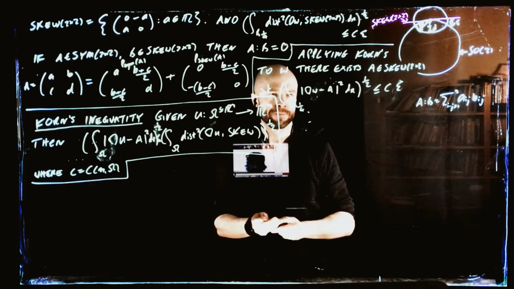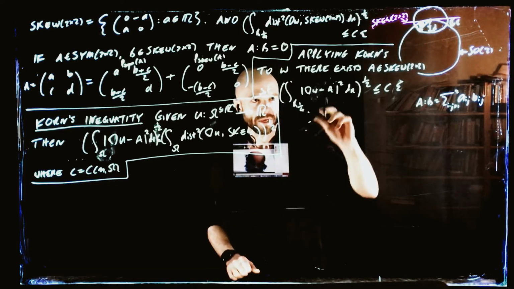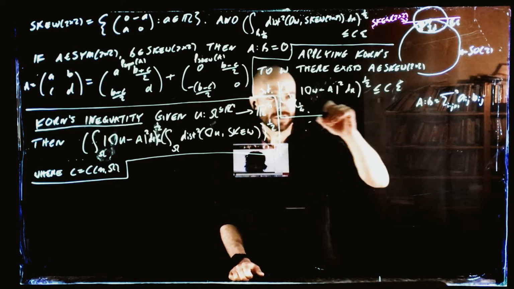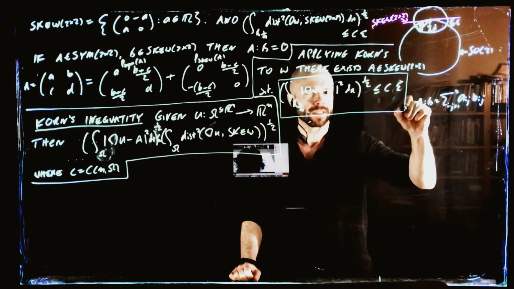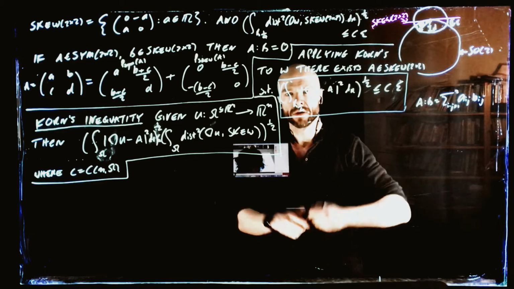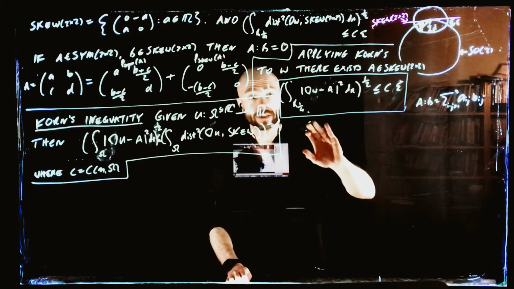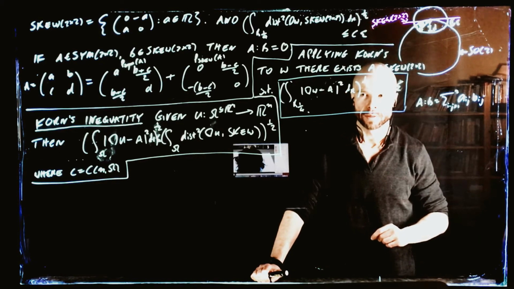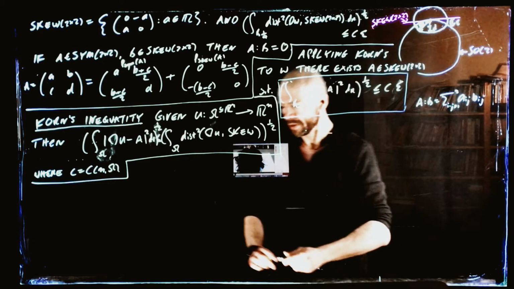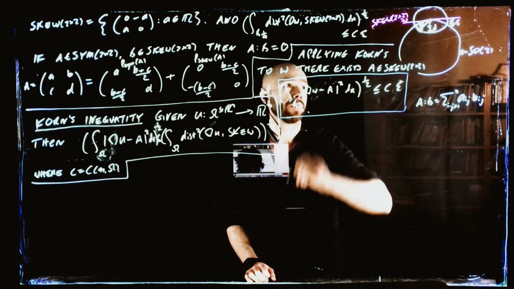Yeah? So, if we had that A was a rotation, then this would be exactly the statement that we want, right? This would be exactly the conclusion of Muller's theorem on a subdomain, Friesecke James Muller theorem on a subdomain. Yeah? But we don't have that. We just have that A is a skew-symmetric matrix.